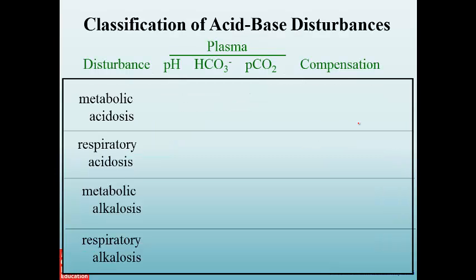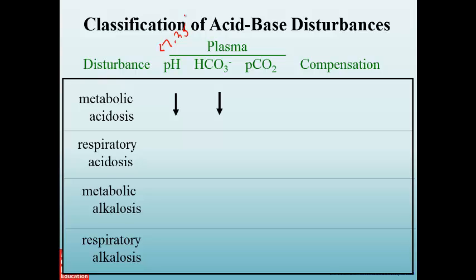So if somebody has an acid-base disturbance, we classify that based primarily on the pH, right? So a metabolic acidosis, so a pH of less than 7.35. If it's caused by a metabolic problem, then there's going to be less bicarbonate. Either you're making more metabolic acid and that's taking more bicarbonate out of the blood to buffer the pH, or you're not making enough bicarbonate.